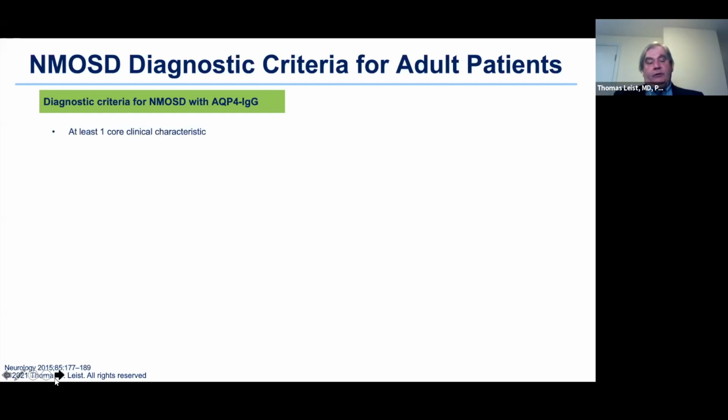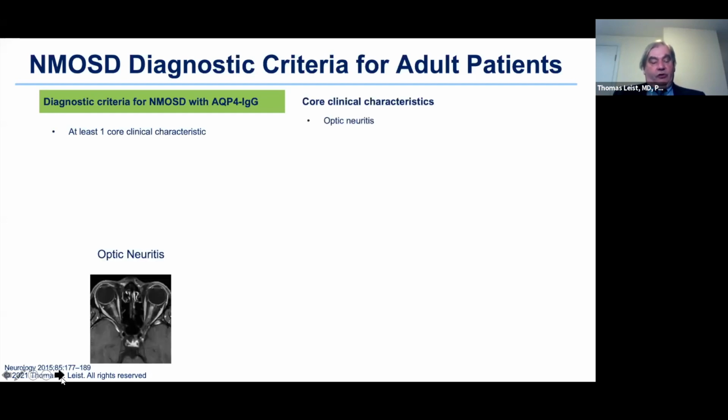In order to diagnose somebody with neuromyelitis optica in a person that is aquaporin 4 antibody positive, one just needs one of the clinical presentations. The first clinical presentation is optic neuritis. Here you see an eyeball, and behind the eyeball you see these optic nerves, and both of these optic nerves are involved. So this is bilateral optic neuritis.